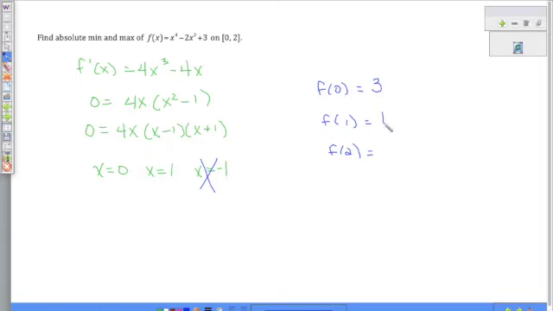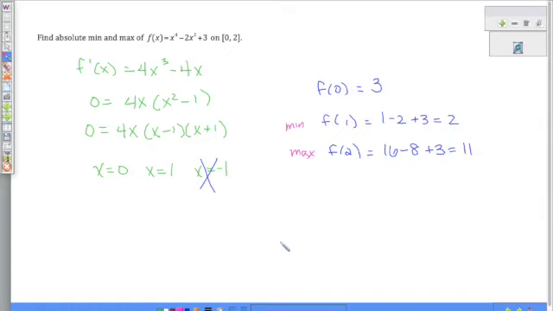F of 1 is 1 minus 2 plus 3, which is 2. At least you know it's going to be either the max or the min. Clearly the min if 3 is here. So f of 2 is 16 minus 8 plus 3, which is equal to 11. So, okay, this one's going to be my min, and this one's going to be my max.